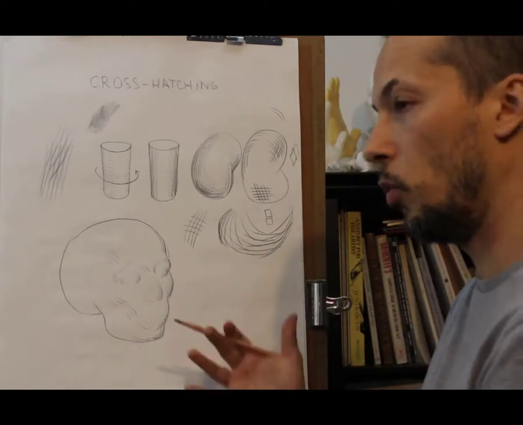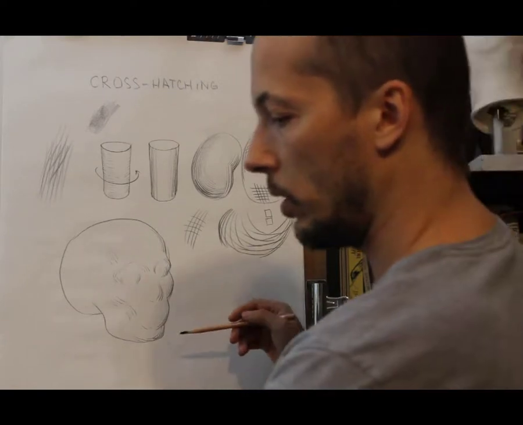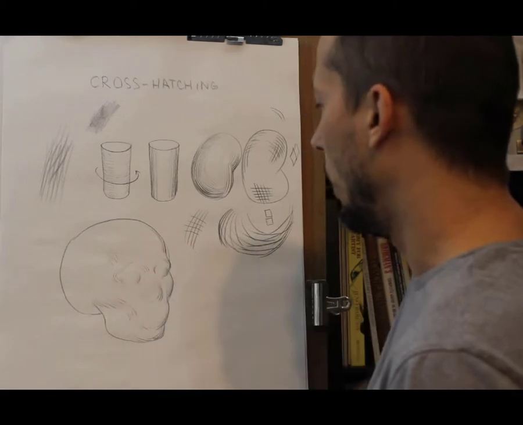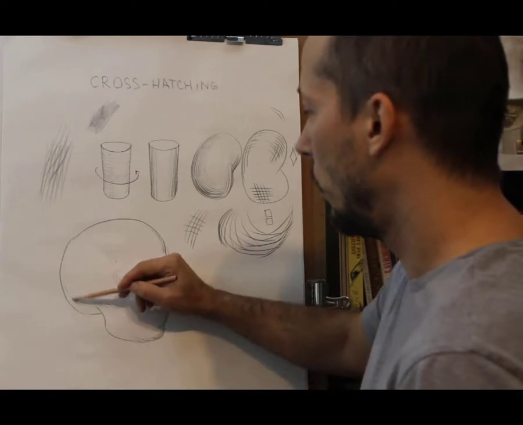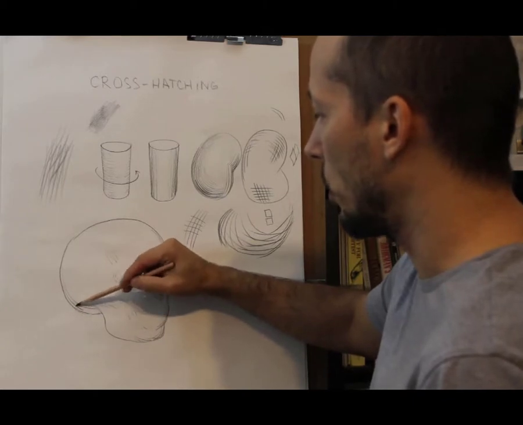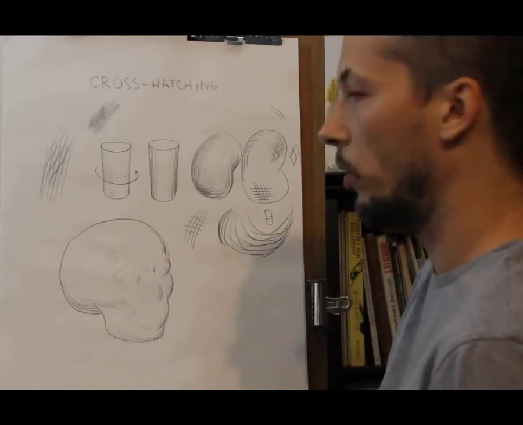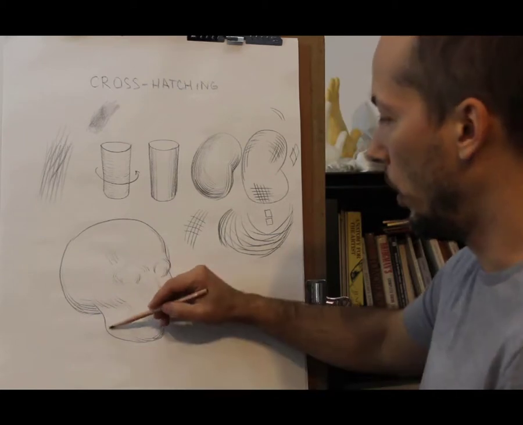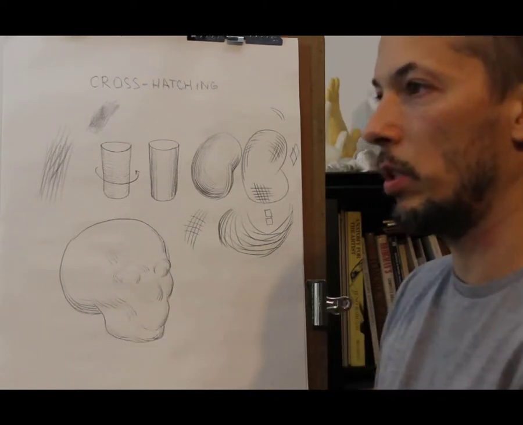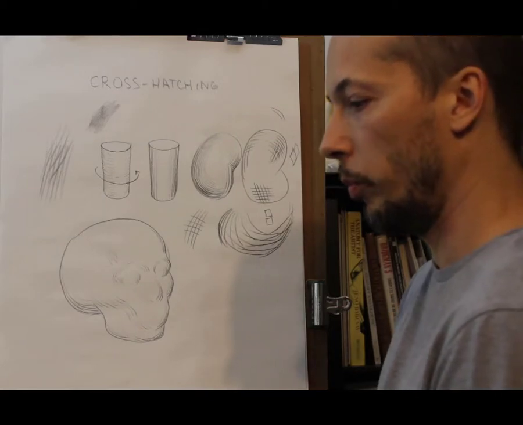And the form starts to emerge out of that. I can add a couple more lines over here, turning towards the bottom of the skull, maybe suggest a couple of layers of this, and we took a linear drawing into something that has a little bit more form to it.